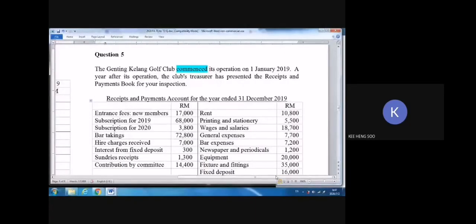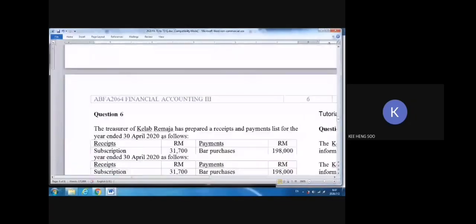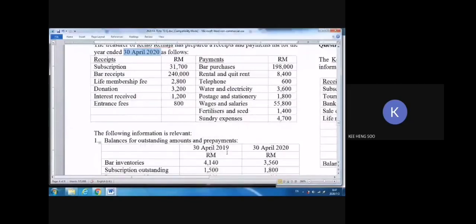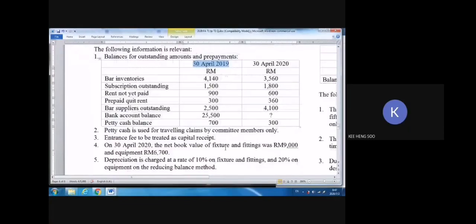Then question 6. You are given 30th April 2020 and 30th April 2019, which equals 1st of May 2019. Now, another issue has been raised.